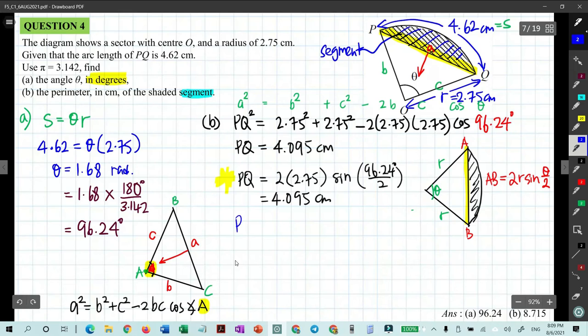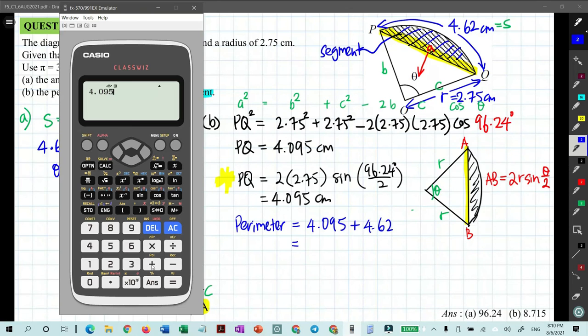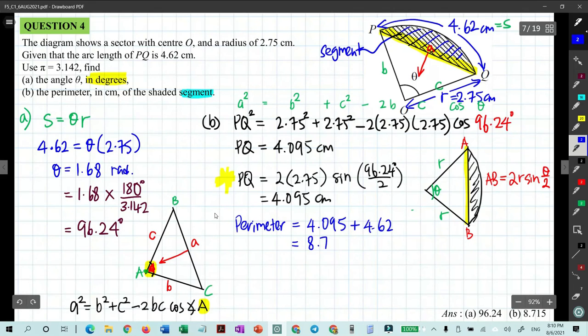Finally, to find the value of the perimeter of the shaded segment, you just need to take the length of PQ, which is 4.095, and then add it with 4.62. So 8.715 centimeter.